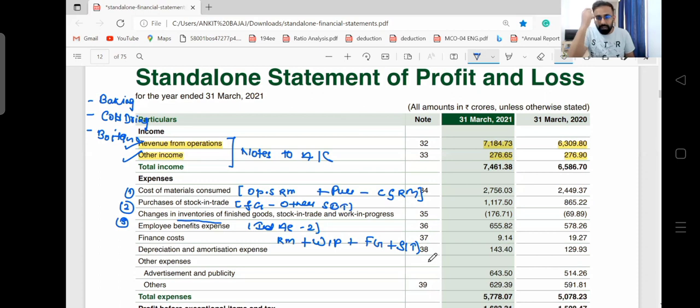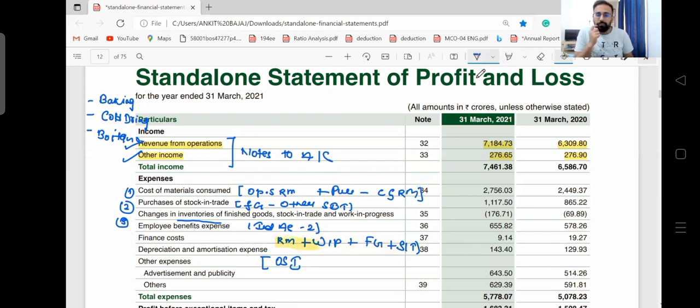This is the meaning of inventory. So what is the formula for changes in inventory? The formula is opening stock of inventory minus closing stock. We have seen the definition of inventory, so inventory includes all these items: raw material, WIP, finished goods, and stock in trade.